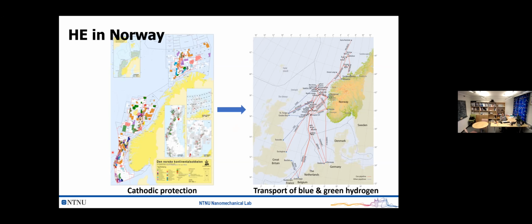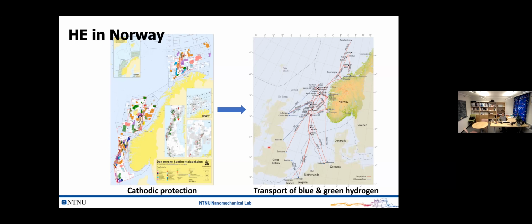In offshore operation, we always use cathodic protection for the anti-corrosion purpose of the infrastructure. But this of course brings the hydrogen embrittlement problem, generating a lot of hydrogen that diffuses into the material and causes embrittlement.